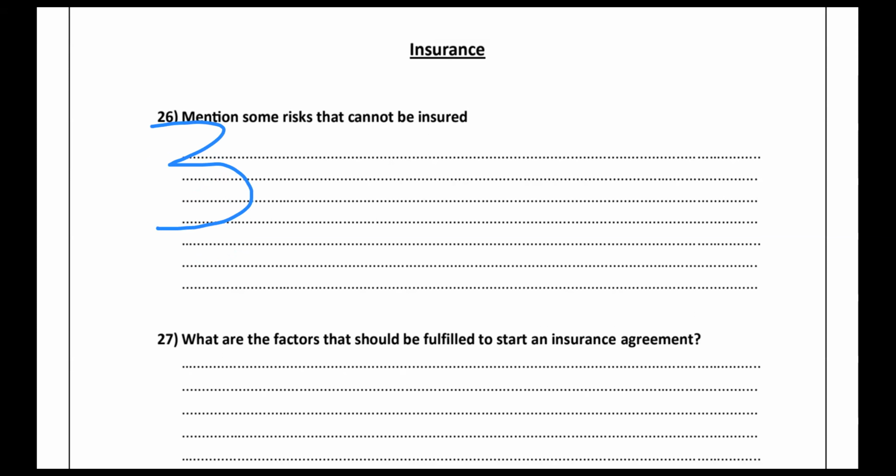Now, losses can be insurable risk or uninsurable risk as well. So the party who is undertaking to compensate those losses, or the liability, or the risk, is what we call the insurer, or simply the insurance company, the second party.